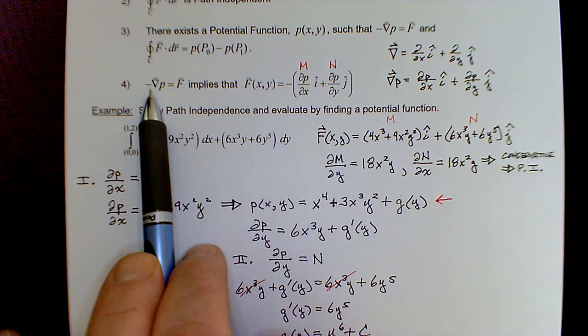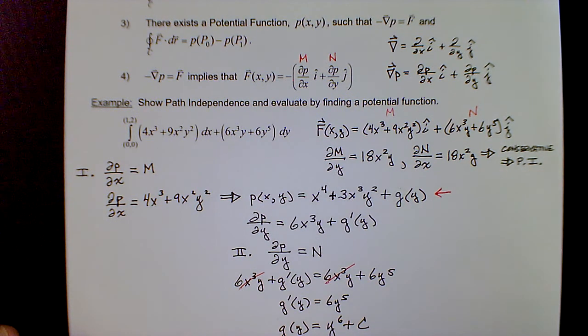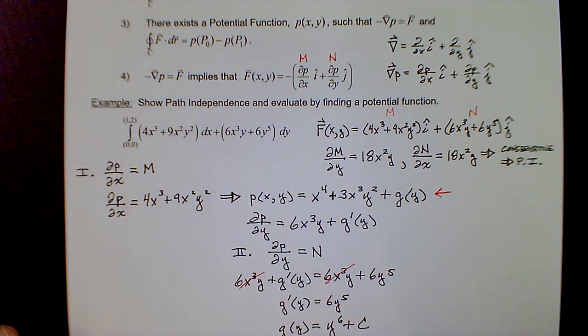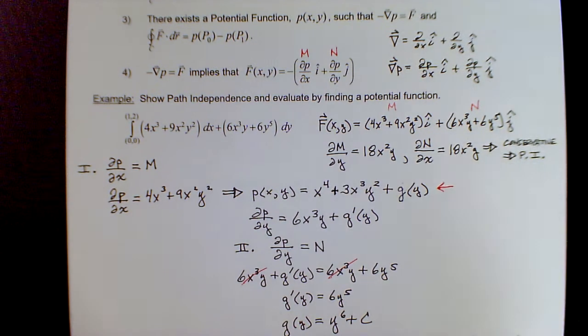So we're going to take P of xy, to be consistent with the way we've defined it, to be minus the x to the 4th plus 3x cubed y squared plus y to the 6th, and then we'll shove the c off to the right. Alright, so just to be consistent with our definition.